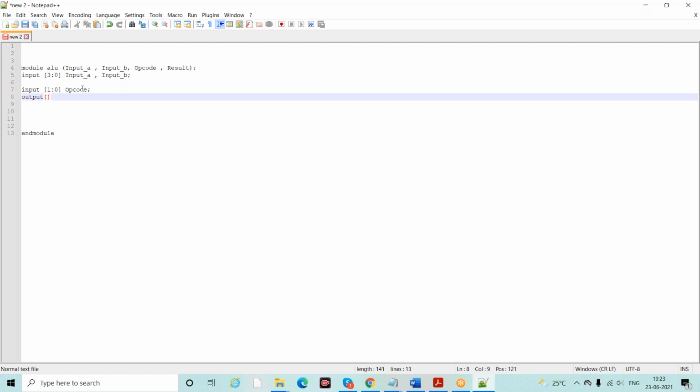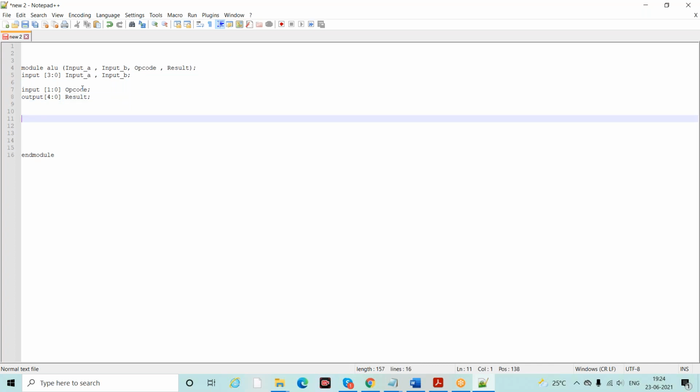You can declare 1 bit for carry purpose because we are already using the addition operator. Maybe sometimes it is generating carry also. 4 bit plus 1. Or else you can take the same, no issue, but the carry bit will not become. This is what your result is, right? Okay, fine. So we gave the direction, which is the input and which is the output.